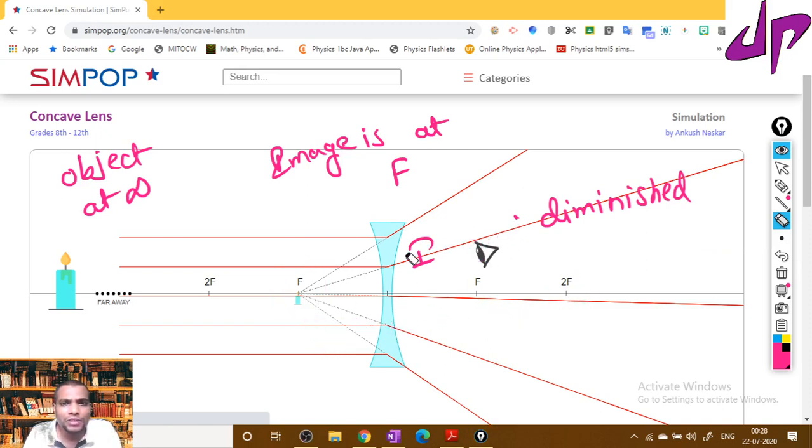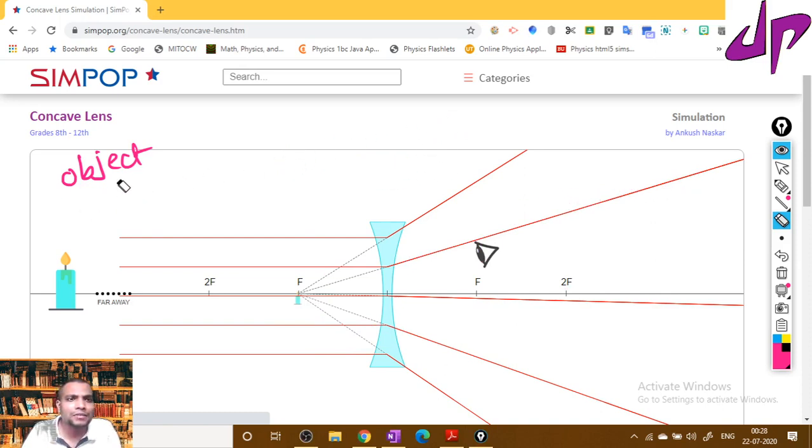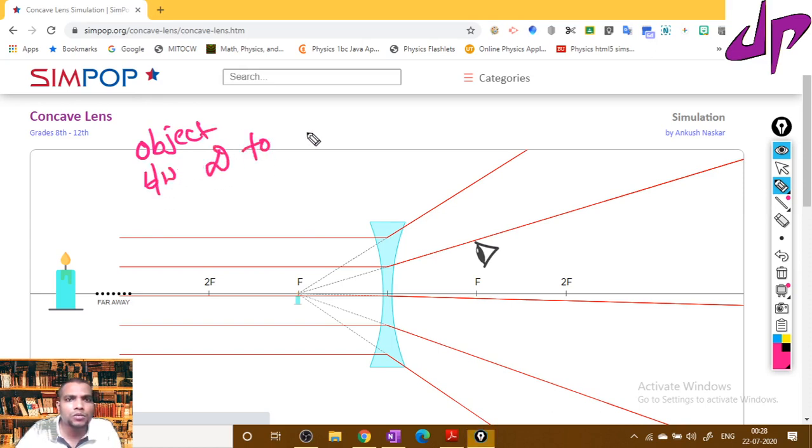Now other than infinity, if you place the object anywhere between infinity and the optical center, that is our second case. Second case: object between infinity and O. O means optical center.